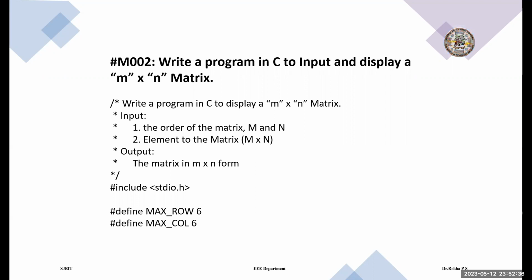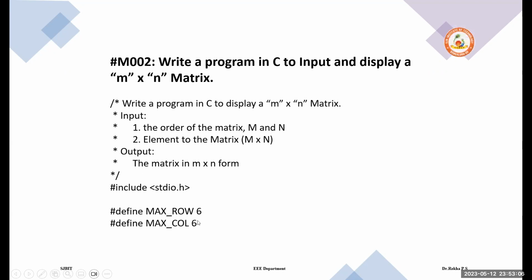So as usual, we are using the header file stdio.h where the printf and scanf functions are defined. Using these preprocessor directives, #define, we have declared two variables, MAX_ROW and MAX_COL, followed by the value.